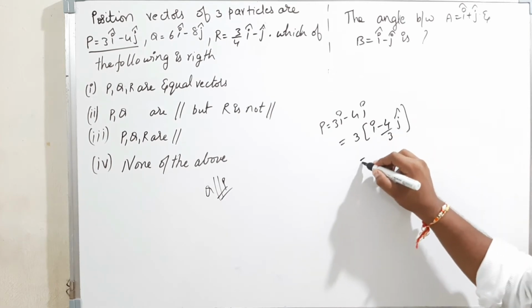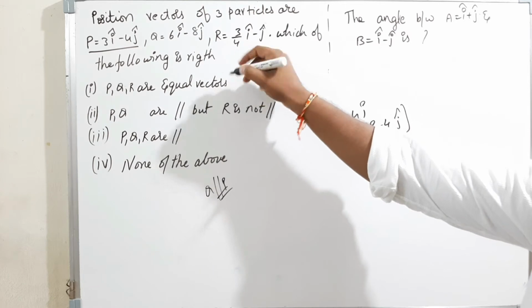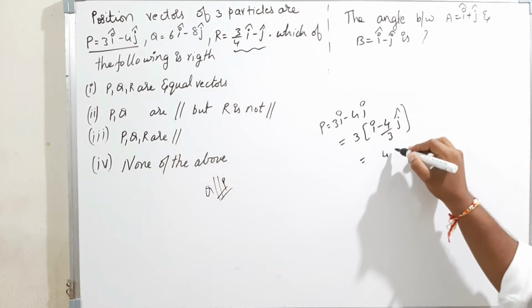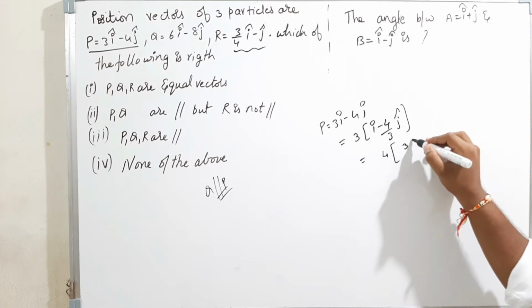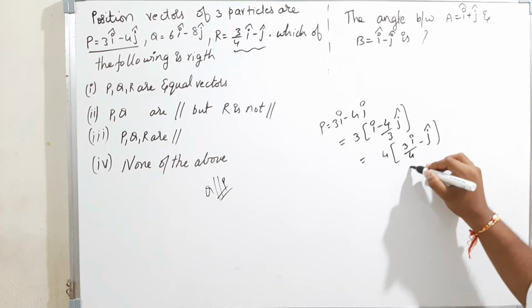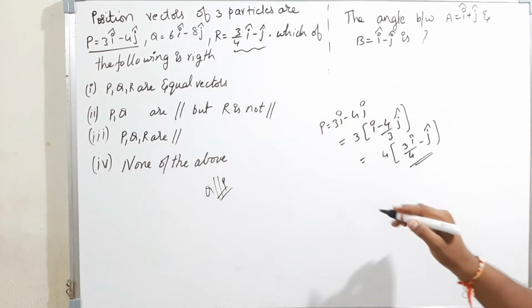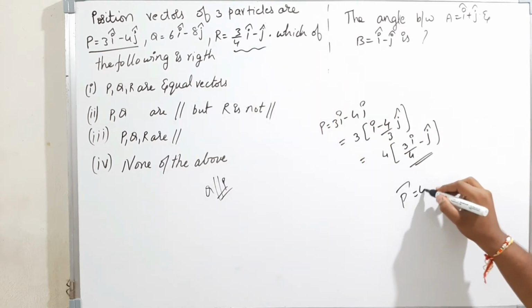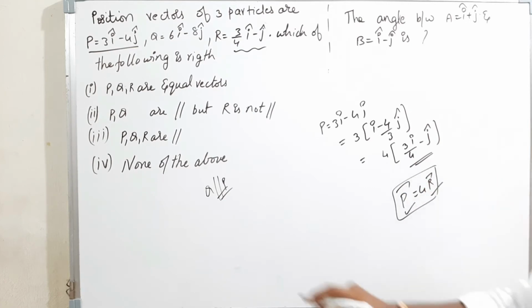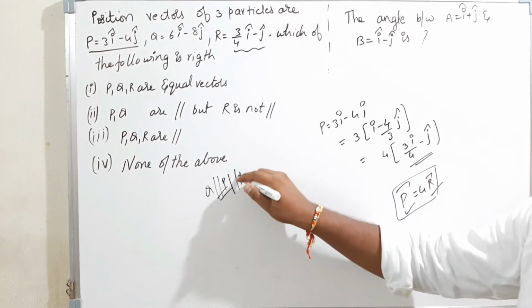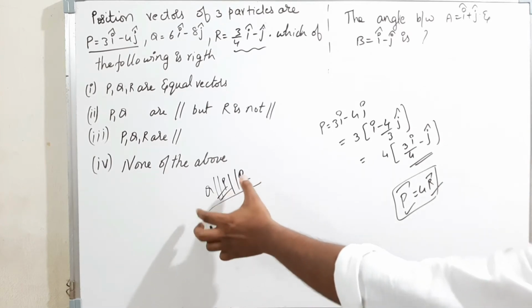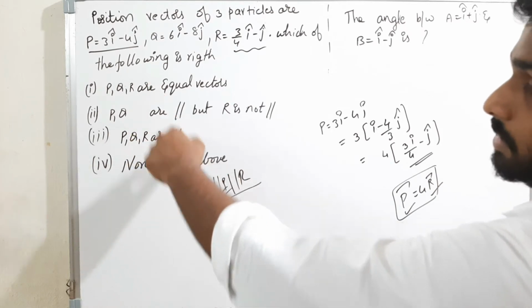Or if I want to convert into the form of R, I take 4 common. If I take 4 common, 3i by 4 minus j cap. This is nothing but R bar. Therefore P bar is equal to 4 into R bar. Therefore P bar and R bar are parallel. What is the meaning of that? Q bar parallel to P bar parallel to R bar. Therefore which of the options is correct?